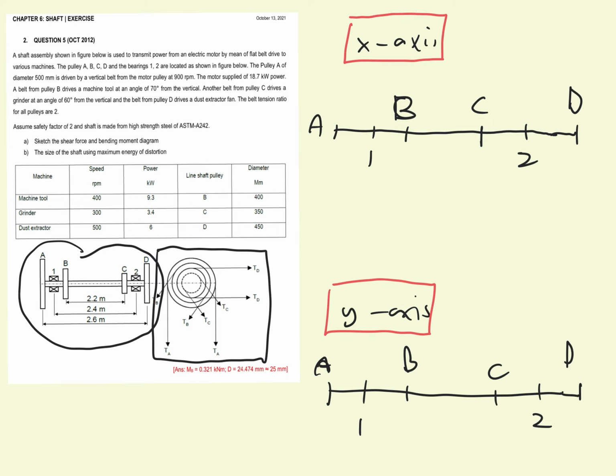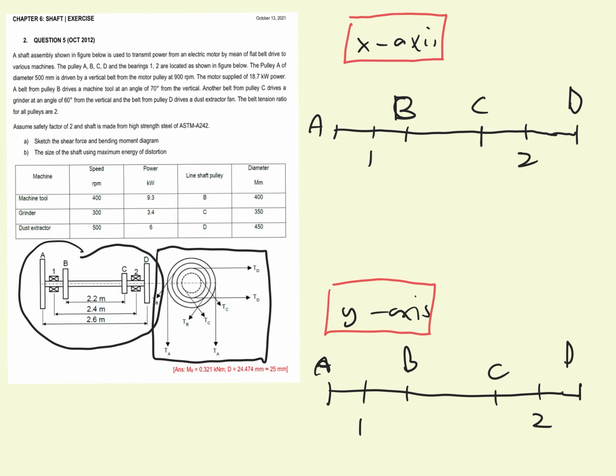But for the x-axis there is no force acting at point A. Why is there no force acting at point A here? Because as you can see before, the total force of pulley A acts on the vertical downside.